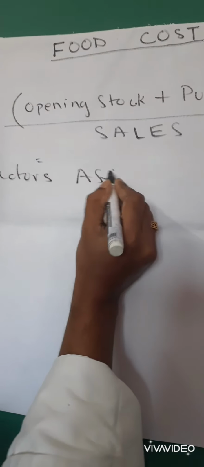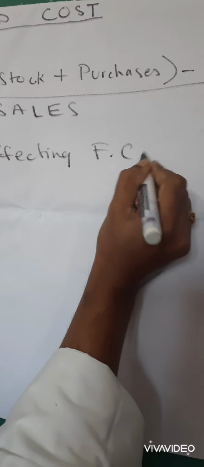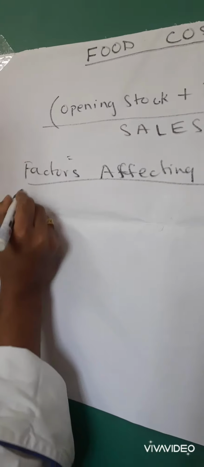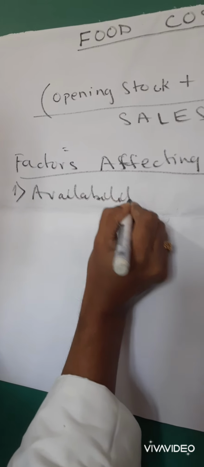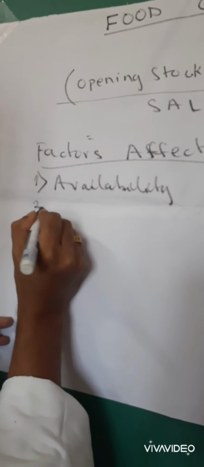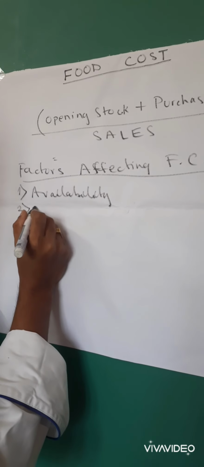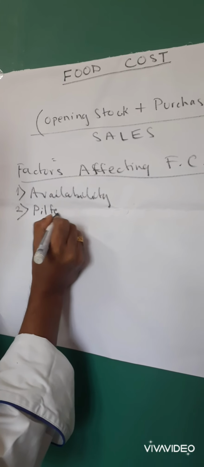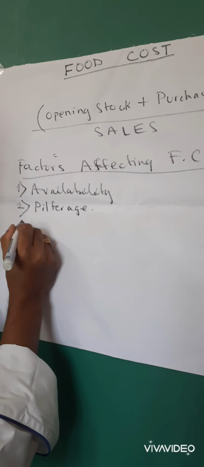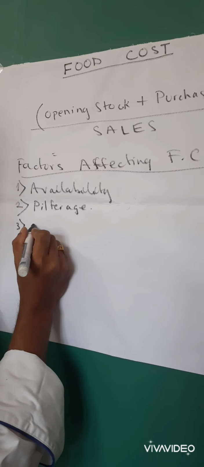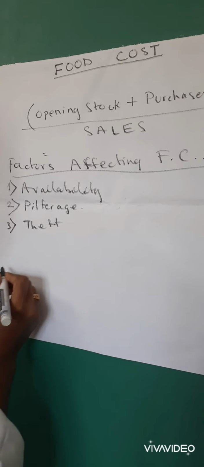Factors affecting food cost. Availability. The next point is pilferage. The next is theft.